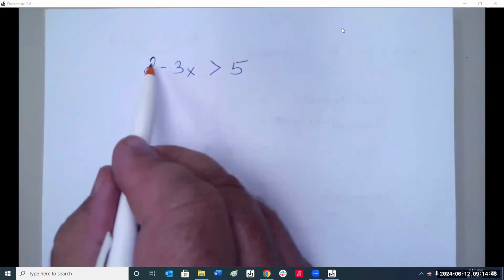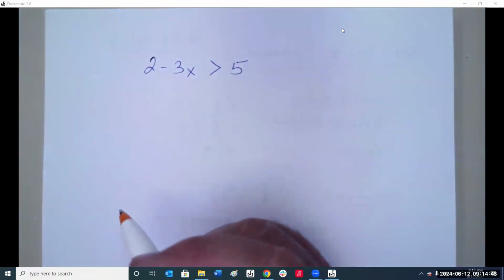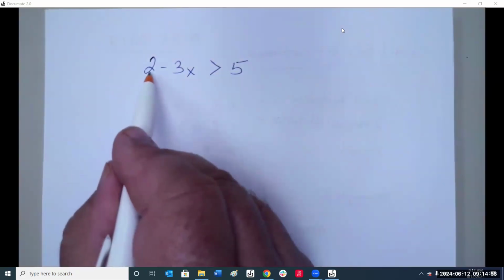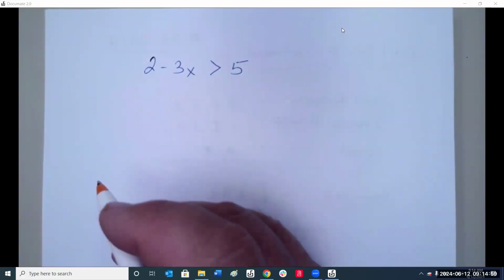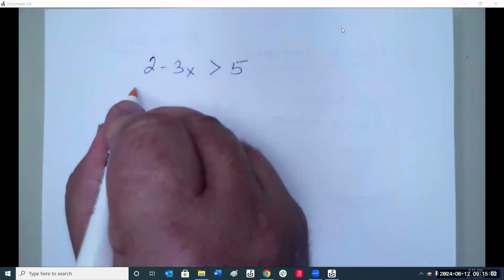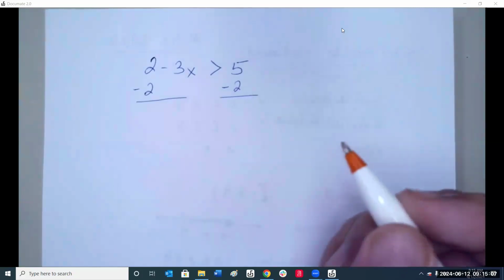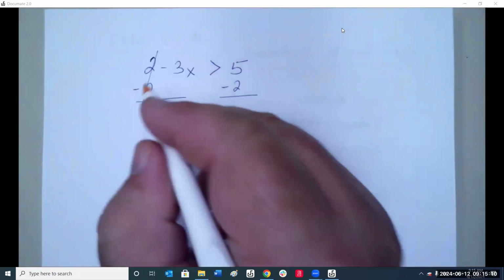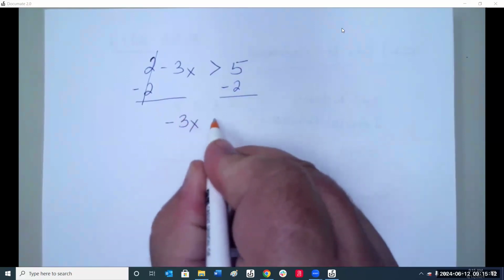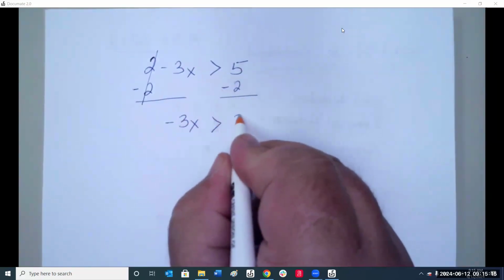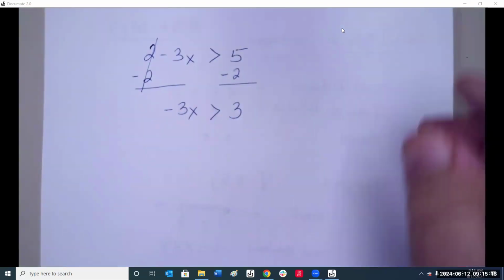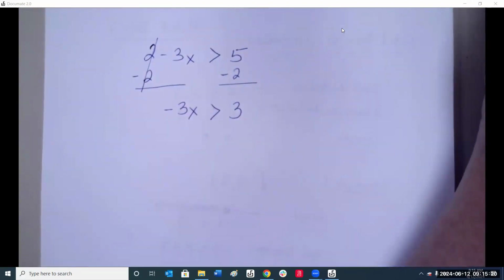If I add 2 to both sides, what's going to happen to this side? It'll be 4. So how do you get rid of 2? Subtract 2, yes. Always has to be opposite signs if you're moving it to the other side. 2 minus 2 cancel, so we have negative 3x is greater than 5 minus 2, which is 3. This is where the problem occurs.